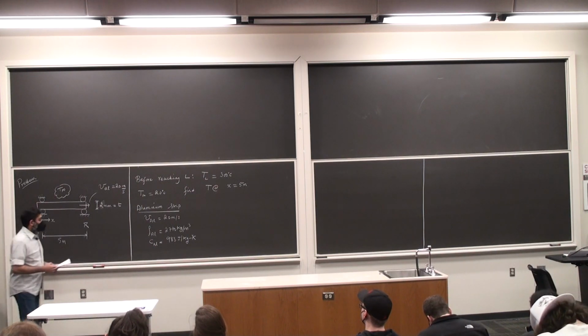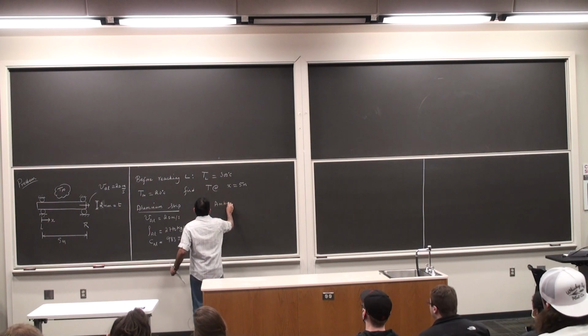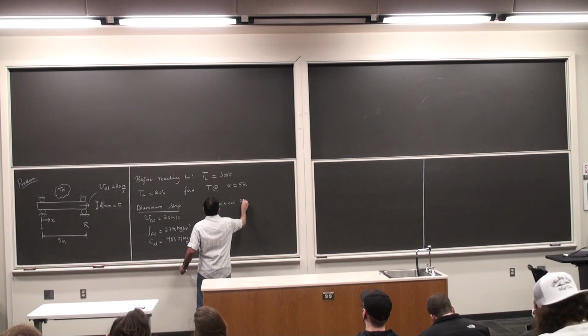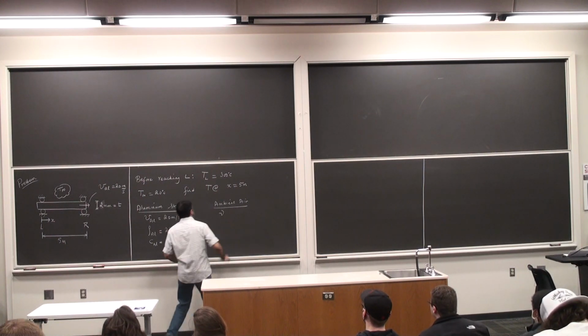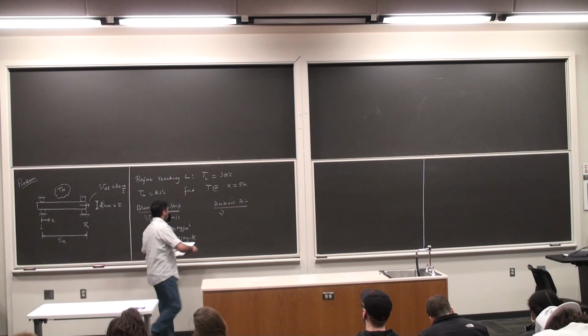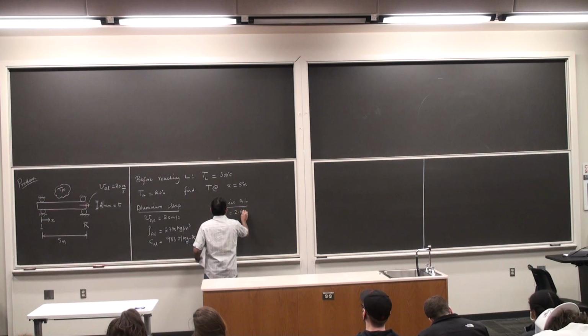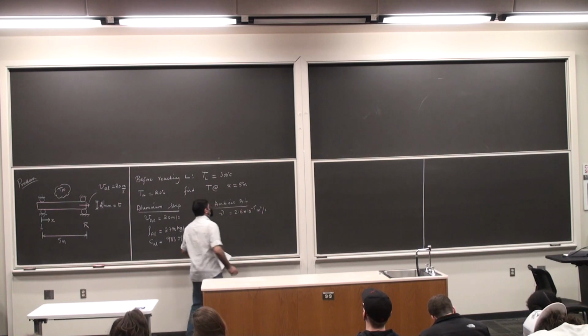Okay. Then I have for air, the kinematic viscosity, which is nu. This is approximately 2.6 times 10 to the power minus 5 meters square per second.